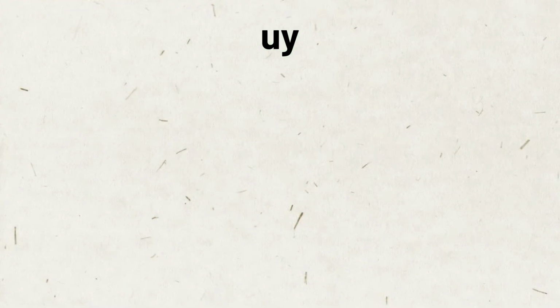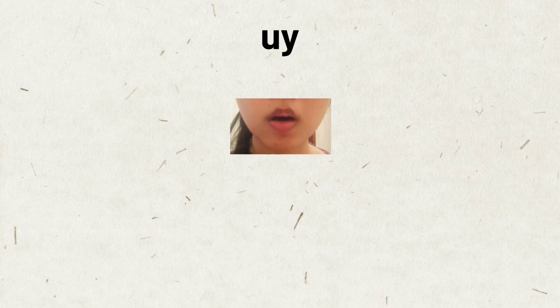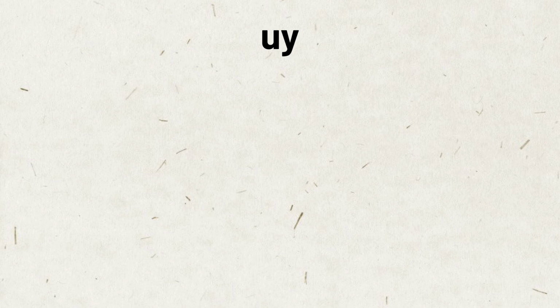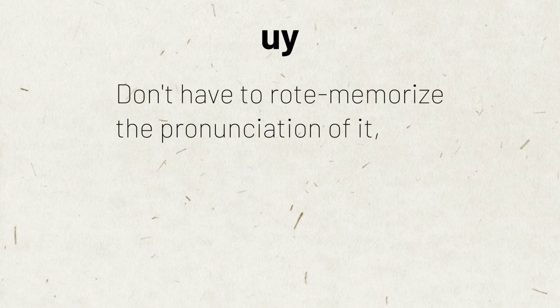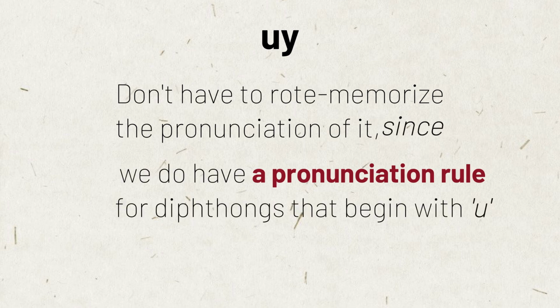Finally, uây. Actually, with this diphthong, you don't have to rote memorize the pronunciation of it, since we do have a pronunciation rule for diphthongs that begin with the letter U, and I'll definitely touch on that category later in another video.